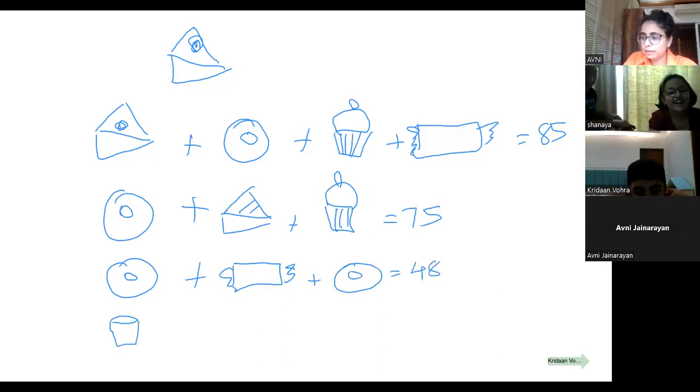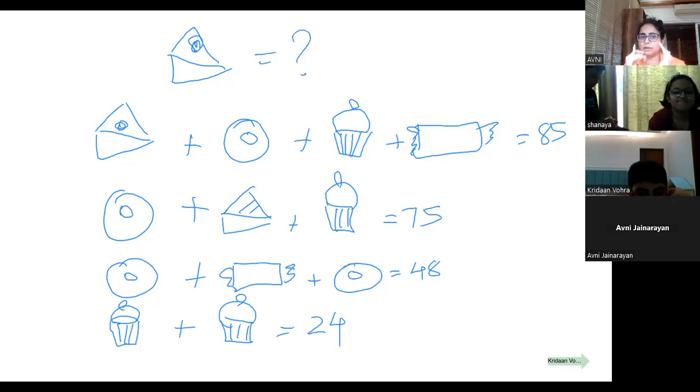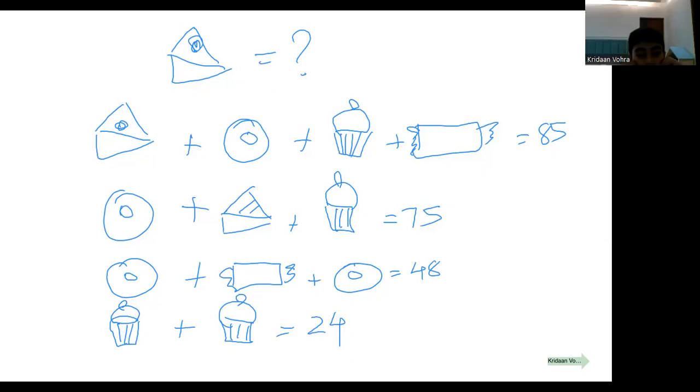So everyone, when Kridan is solving this question, we will look at his approach, ठीक है? कि how exactly he solved the question. Now we have to find the value of the cake. All right? So Kridan, chalo, tell me. How will you solve this?